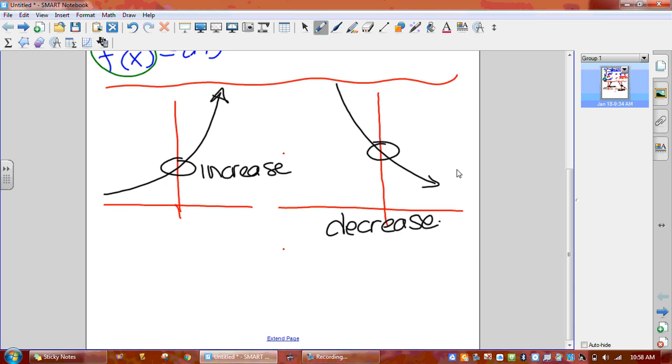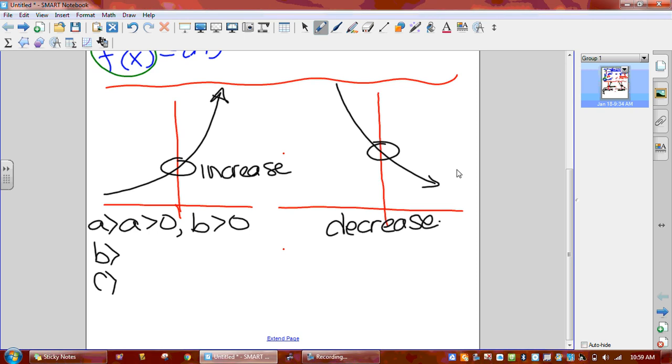Now, when we take a look at these, sometimes they're going to show us equations where they're going to adapt to what A and B do. So for example, this one might say, multiple choice, what is A and B doing? I might have a couple choices here that might say A is greater than 0, B is greater than 1.